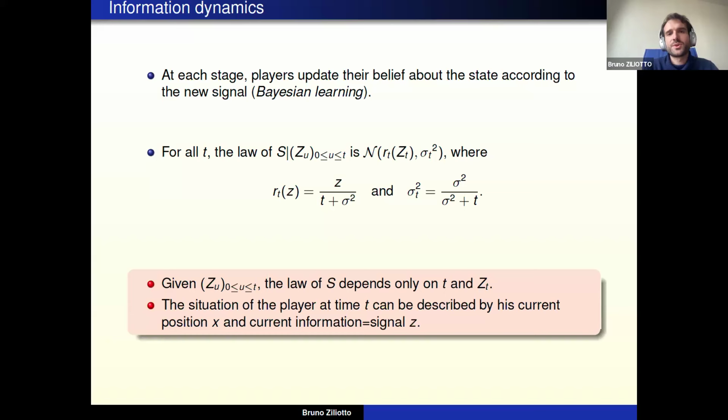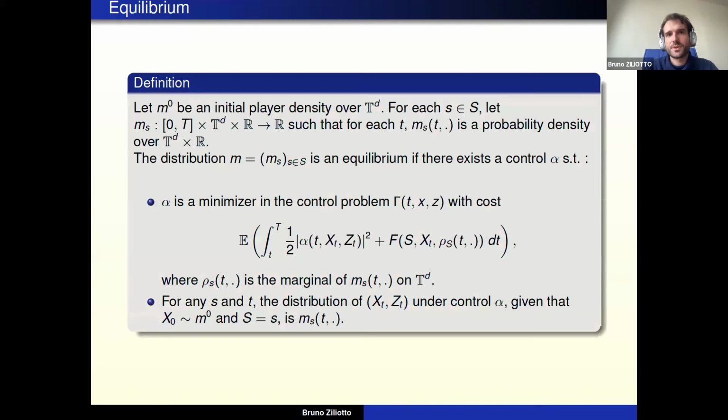So now let me move to the definition of an equilibrium. Given some initial player density, sorry, one thing that I should have emphasized is that, again, for simplification purposes, I will assume that the position lies in the torus, like it is most often the case in theory papers in mean field games. You can do it in R^d up to more technical statements.